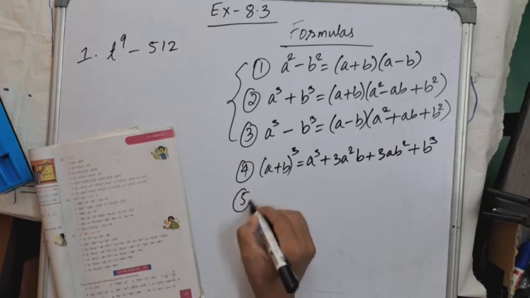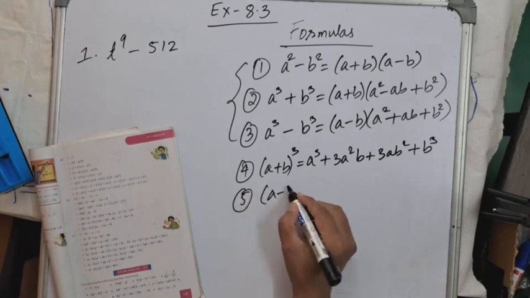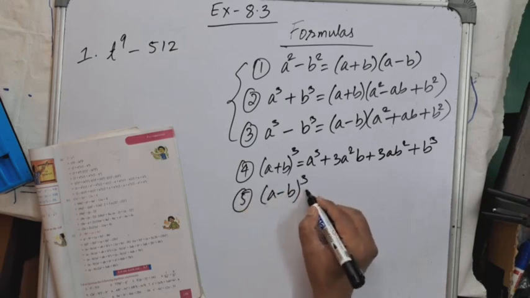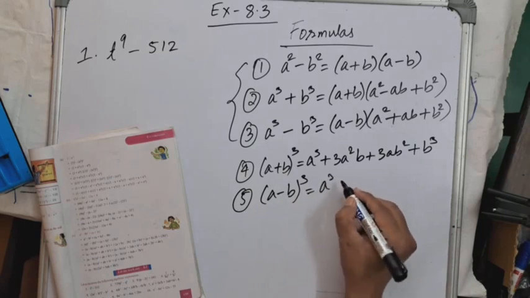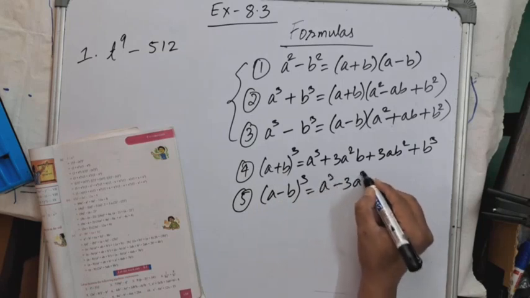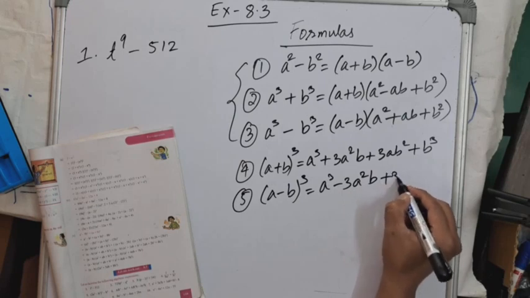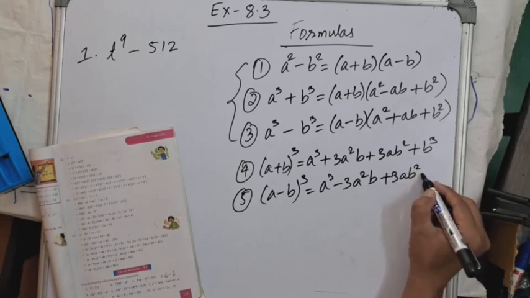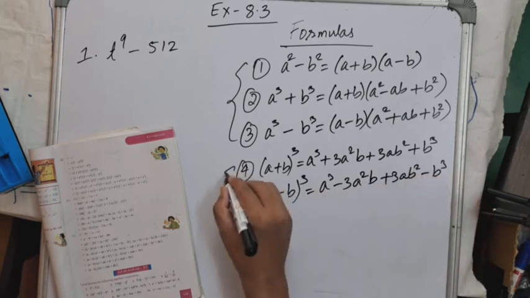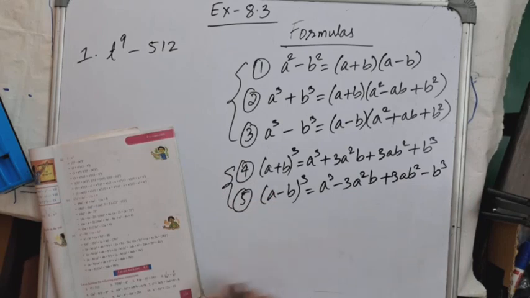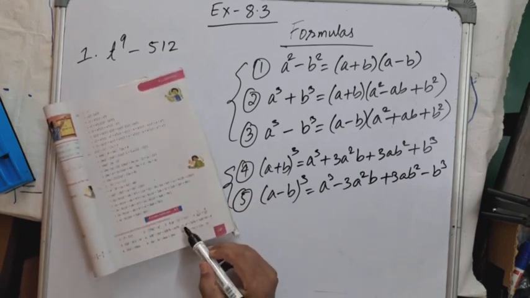And the fifth formula is a minus b whole cube, that is a cube minus 3a square b plus 3ab square minus b cube.